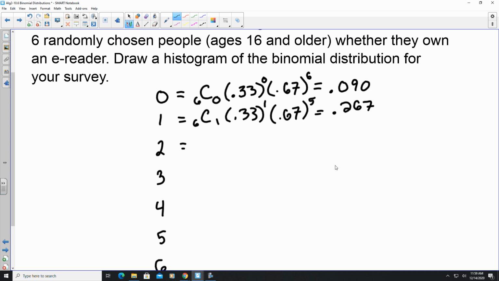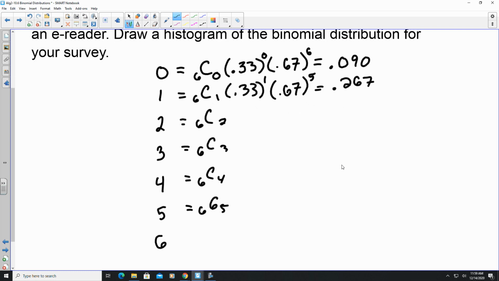Looking at 2, now you've got C of 6 and 2. I'm just going to do this: C6 and 3, C6 and 4, C6 and 5, and then finally C6 and 6.